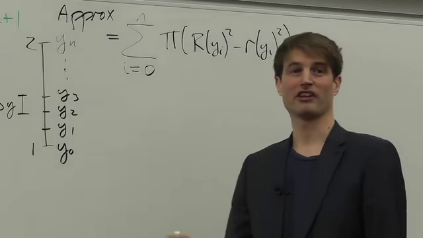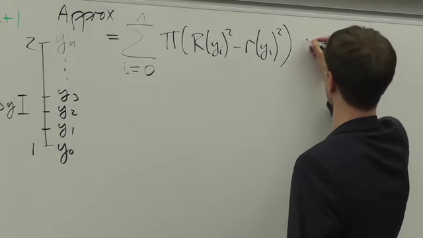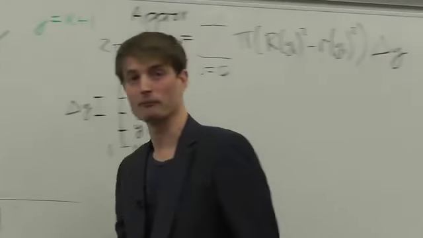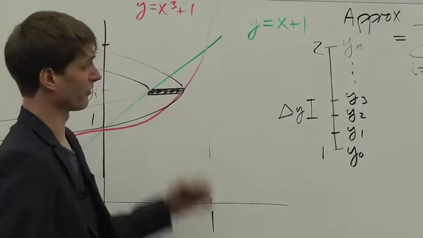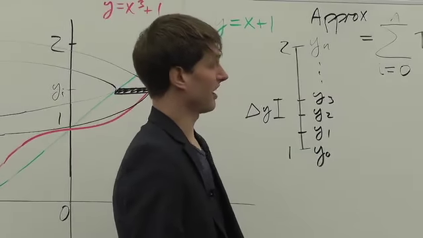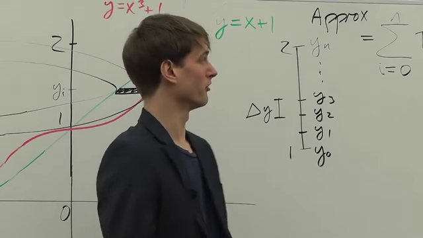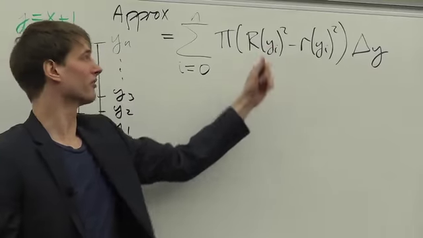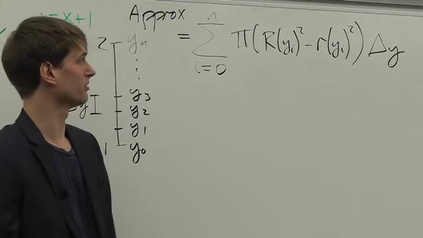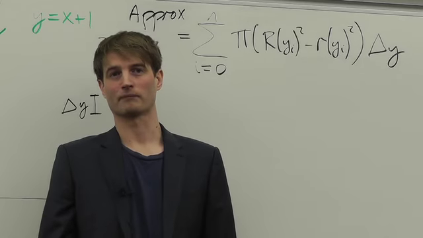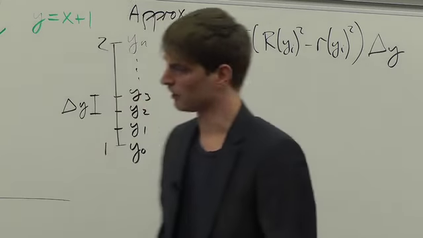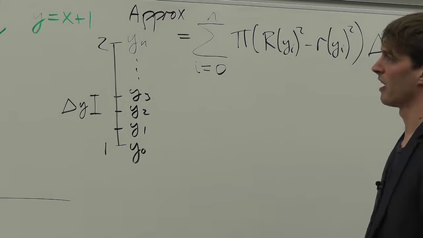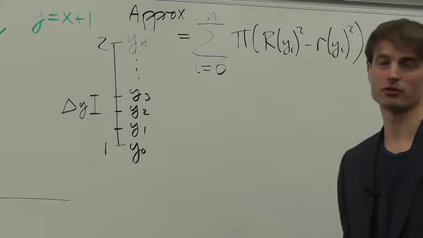And then I've got to multiply by the thickness, which is delta y. Okay, so this is my approximation to this volume. And as we can see, as before, it's got the form of a Riemann sum, where I've got a function of y, but now I'm putting in yi's as the argument of that function, multiplied by delta y. And then I'm adding these up. So I know what happens in the limit. I get an integral, and I get the precise answer, whereas this was just an approximation.